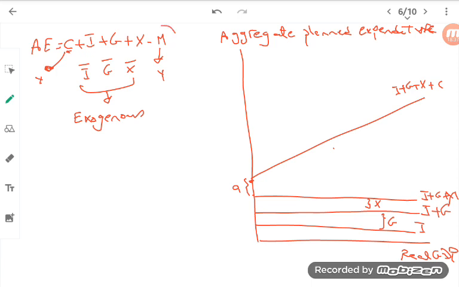Then we are going to subtract M. M will be subtracted from aggregate expenditure. As we are going to subtract, the line will be moved downward.